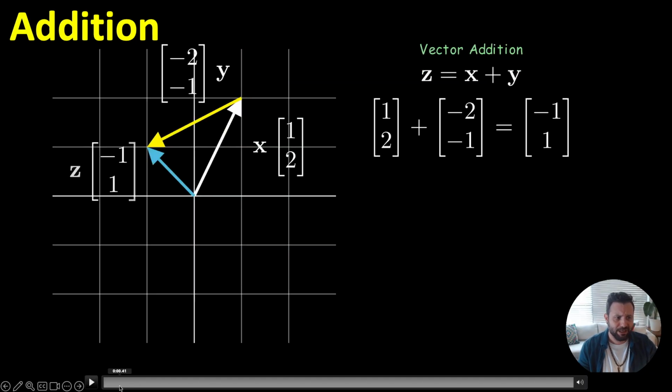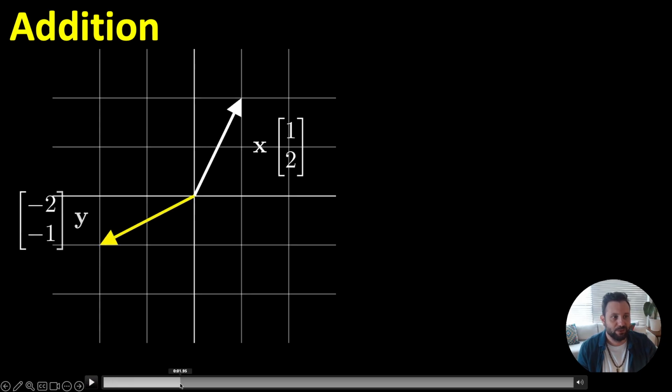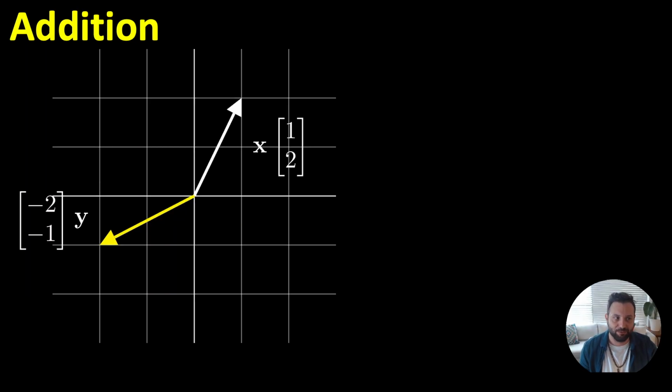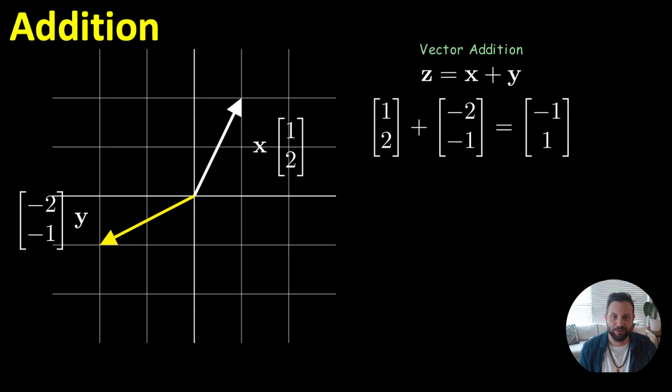And we discussed addition. When we add two vectors, we do nothing special. So I have 1, 2 and -2, 1, -1. When we add them, we just add every single element and we get our combined vector.